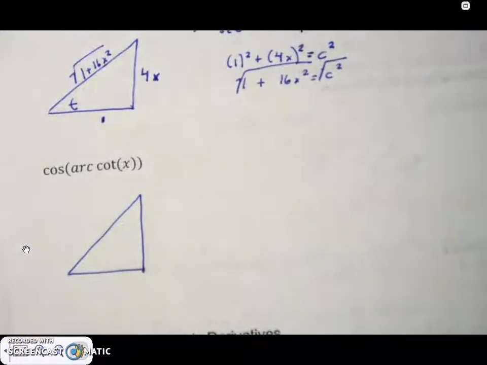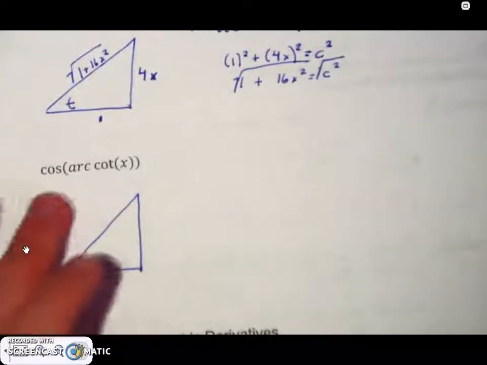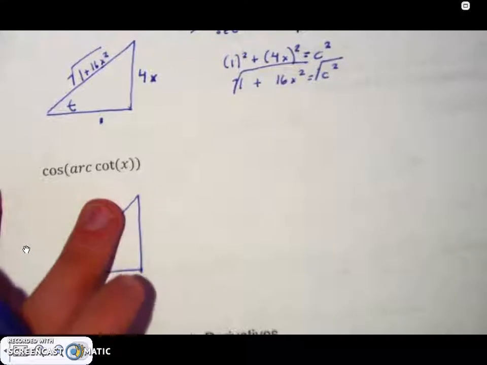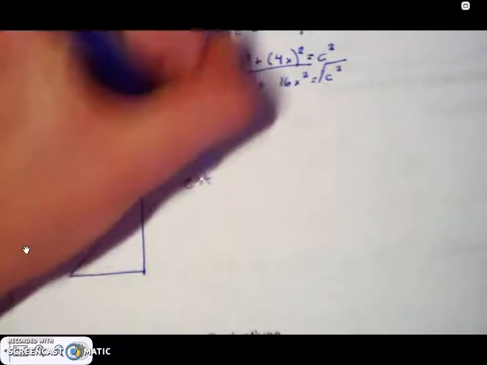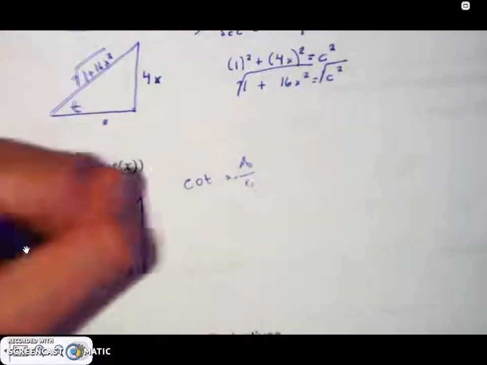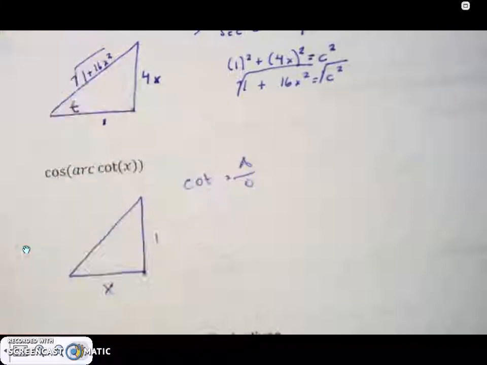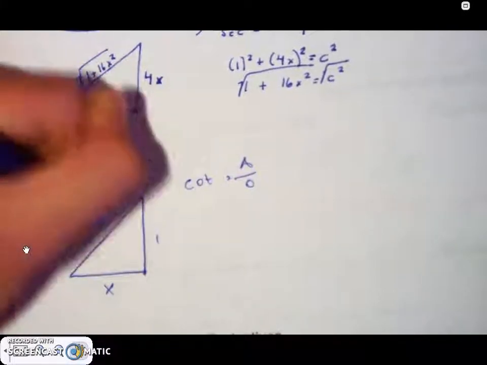Alright guys, it's Michael Cornett. So, we're going to be talking about the cosine of arc cotangent of x. So, cotangent is going to be adjacent over opposite. So that's going to be x over 1. So then we need to find this. We set it up as 1 squared plus x squared equals c squared.